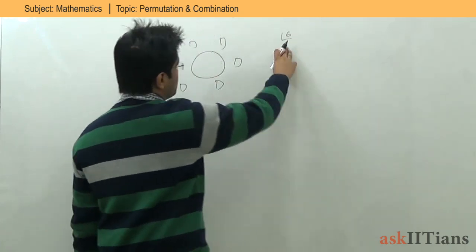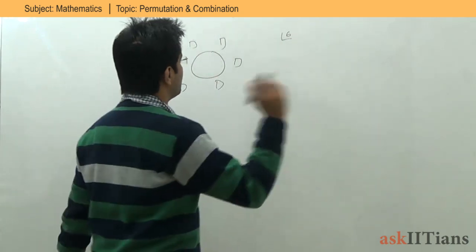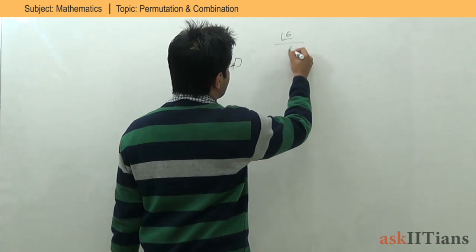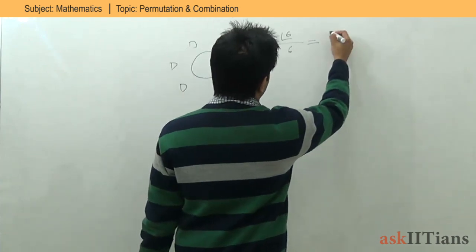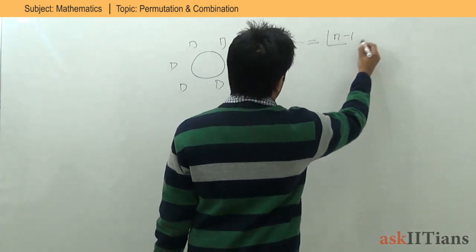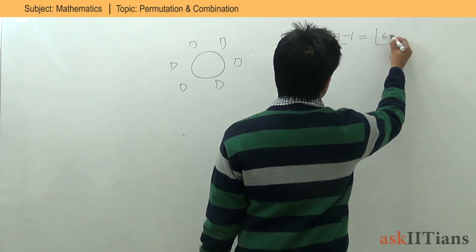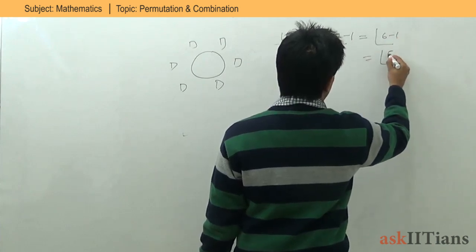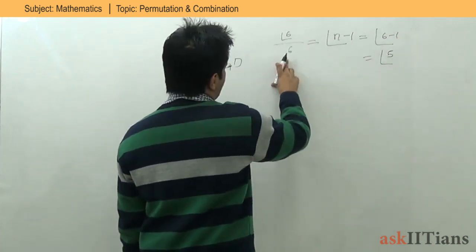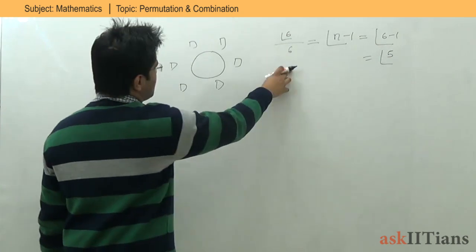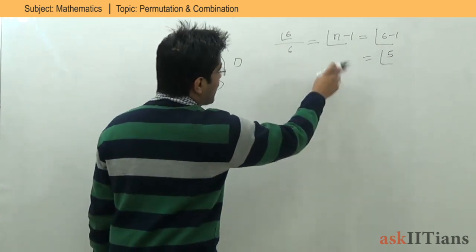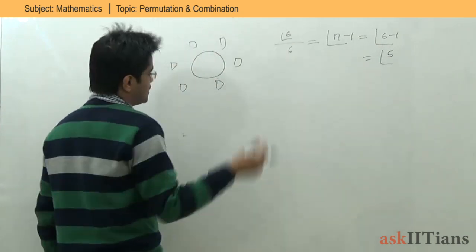But here the answer would not be factorial 6. Here the answer would be factorial 6 divided by 6, or factorial n minus 1, which is factorial 6 minus 1, equals factorial 5. Now why is the answer factorial 5 and not factorial 6?